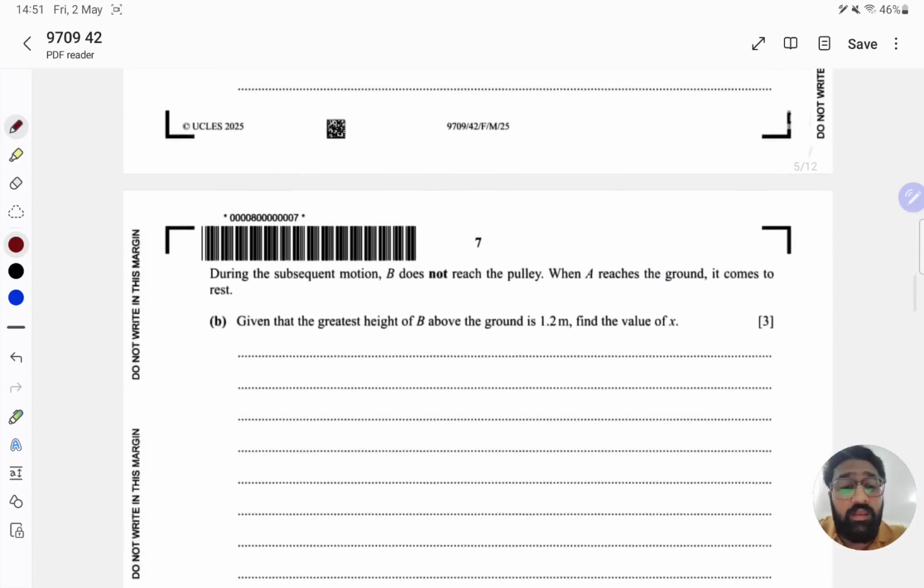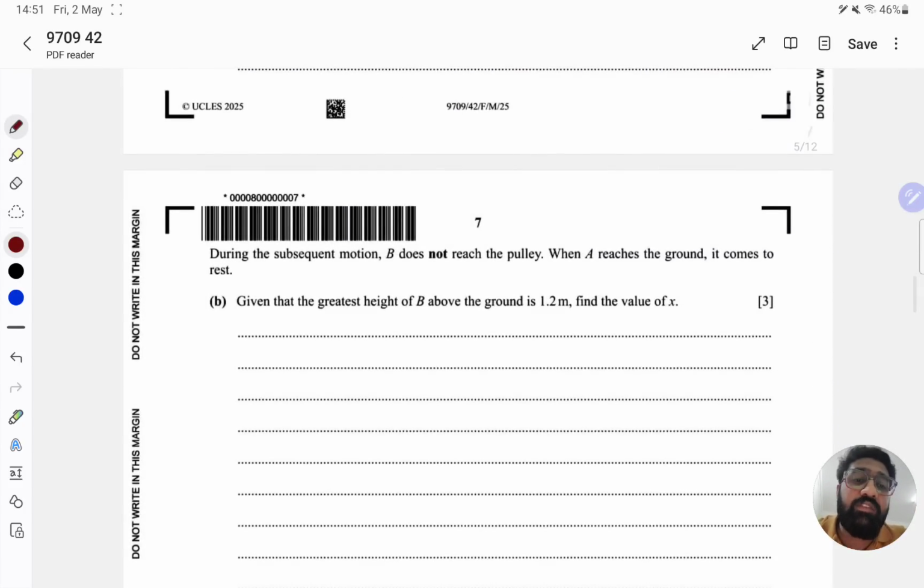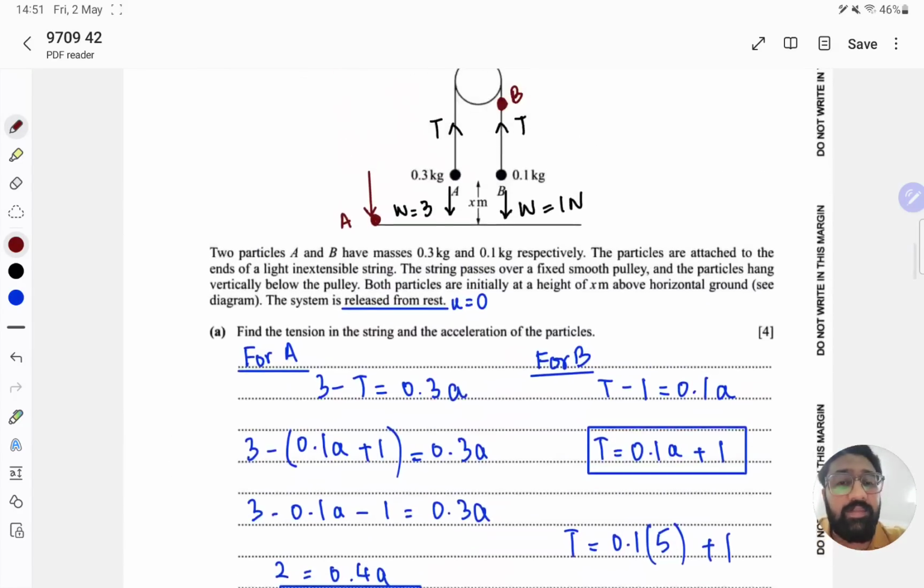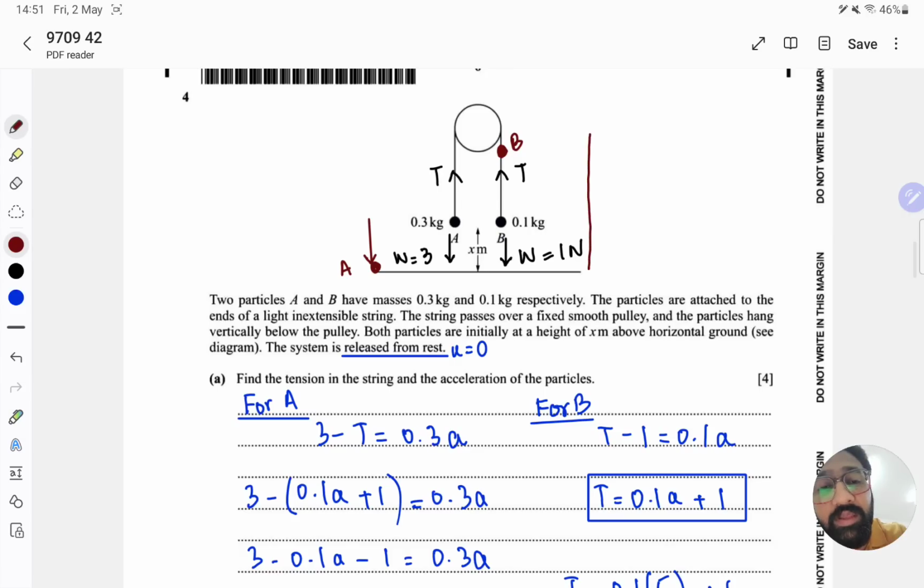And object B is also going to stop when object A reaches the floor, the ground. Given that the greatest height of B above the ground is 1.2 meters, find the value of x. What he means is that the total height of B can be 1.2 meters. This complete height is going to be 1.2 meters.